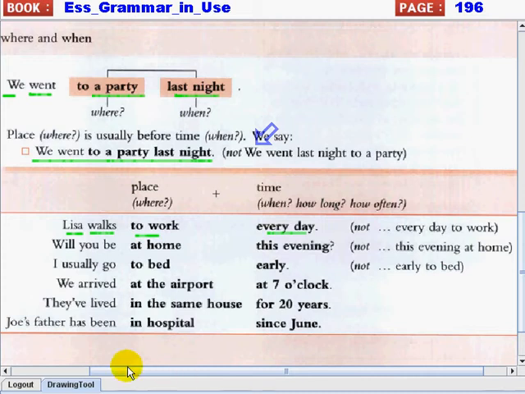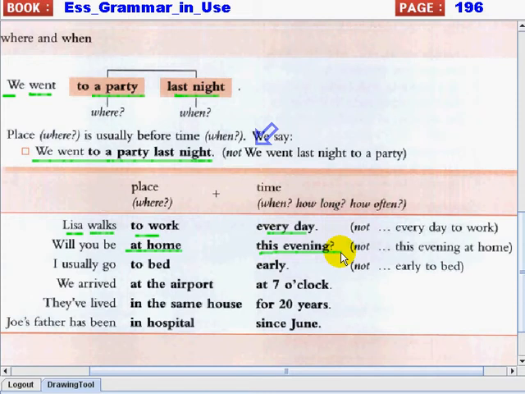Next one, will you be at home this evening? This is the proper word order. We cannot say, will you be this evening at home? Always remember to place where that will answer the question where, followed by when.